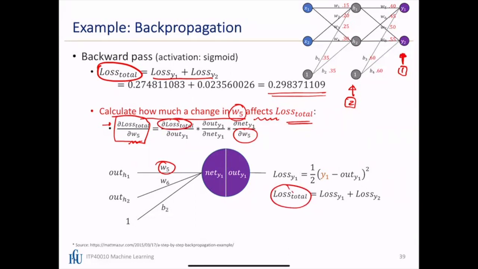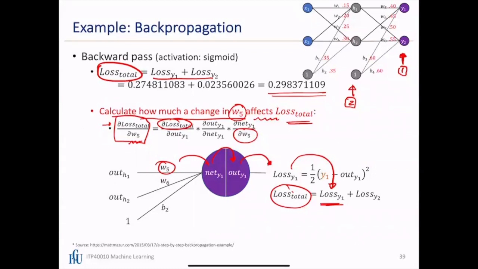If you consider the relationship between these two, loss total includes the term y1, and W5 only affects y1. Loss y1 is affected by the output of y1, and output of y1 is affected by the net input value of y1. Finally, net input value of y1 is affected by W5.